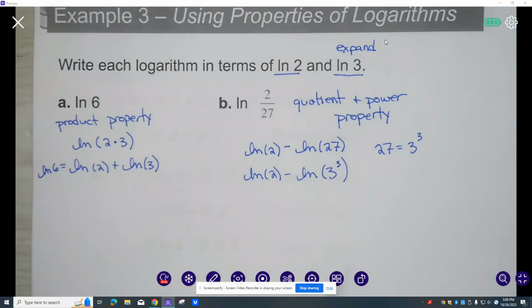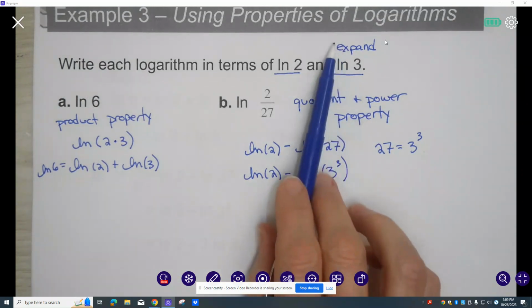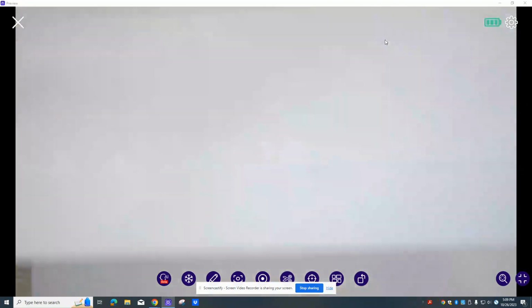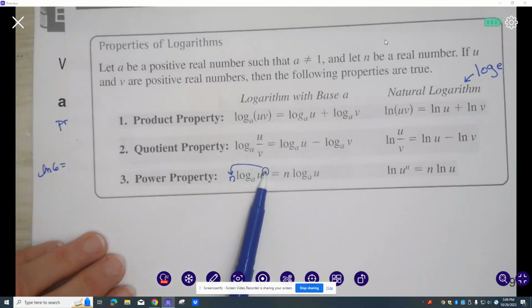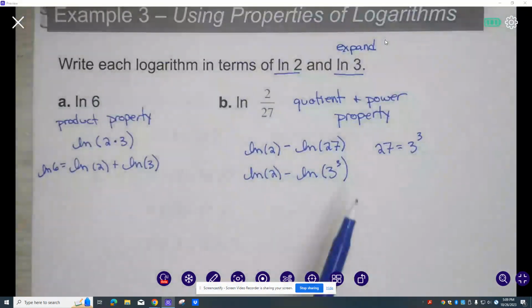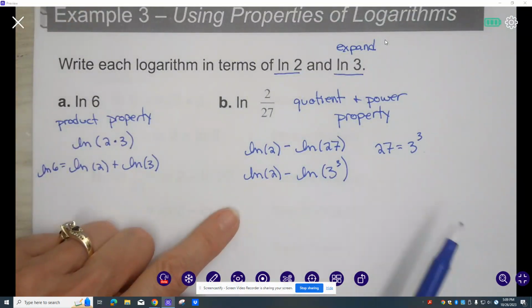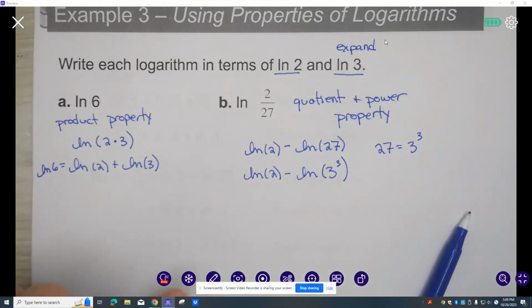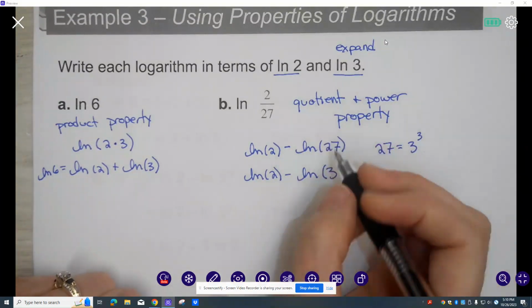Okay, now I don't want to leave this because I want to continue to expand it all the way out. If I have an exponent, which I have in that problem, I want to hop it down in front. So I'm going to grab a different color here, and this is that power property.